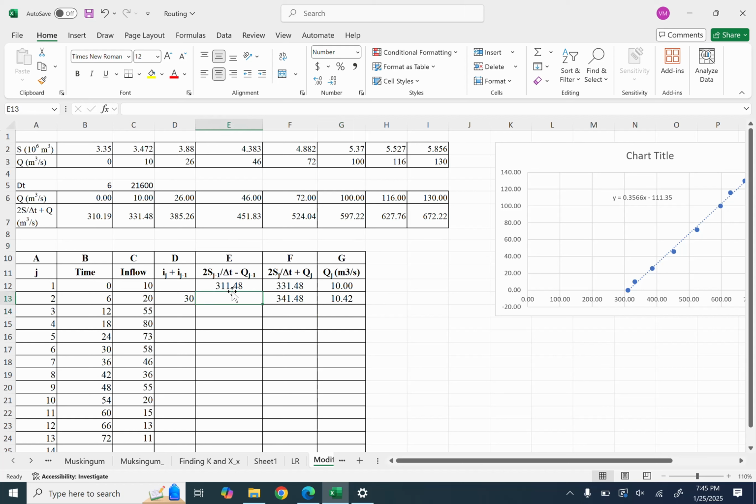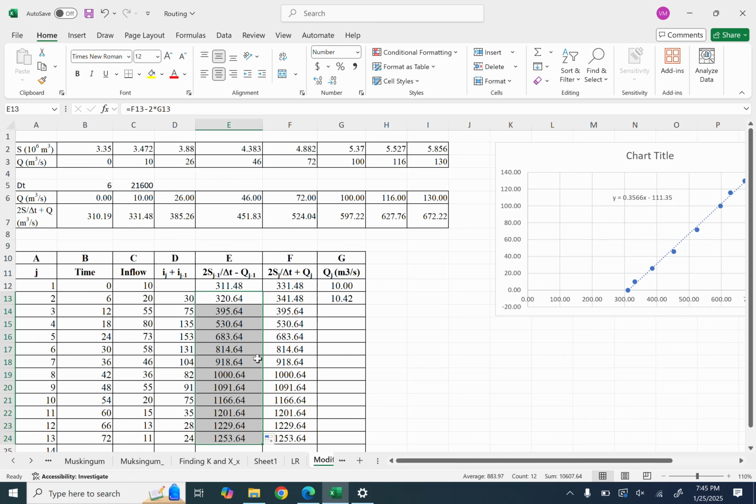Once we have this, again we can subtract: 341.48 minus 2 times 10.42 will give me 320.64, which we had. Now all we have to do is copy this, similarly copy this, similarly copy this.